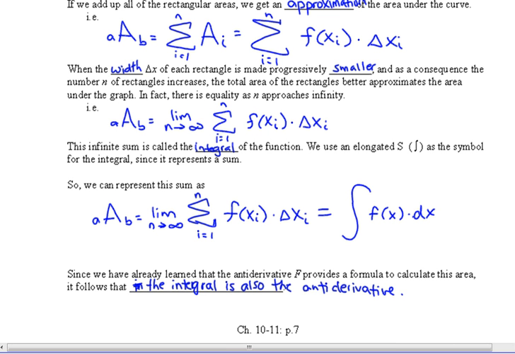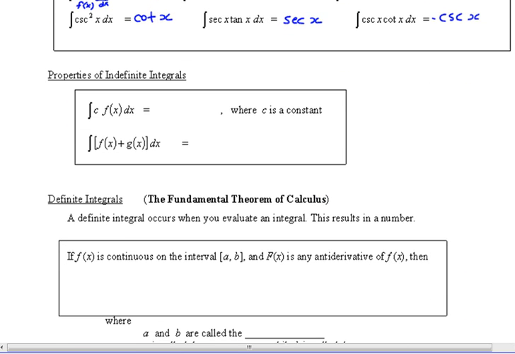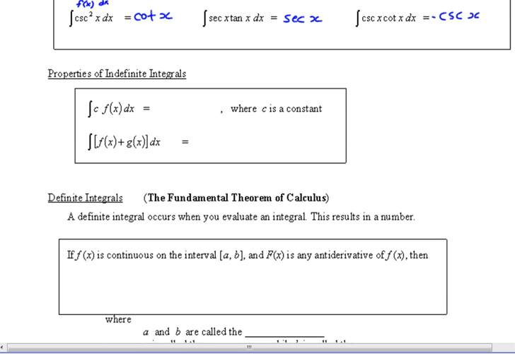And so our width, or this delta x, can also be called dx, change of x. So it's part of the notation. If we have a constant, it's the same thing as the constant times the integral of f of x dx. With a summation, we integrate each one individually.